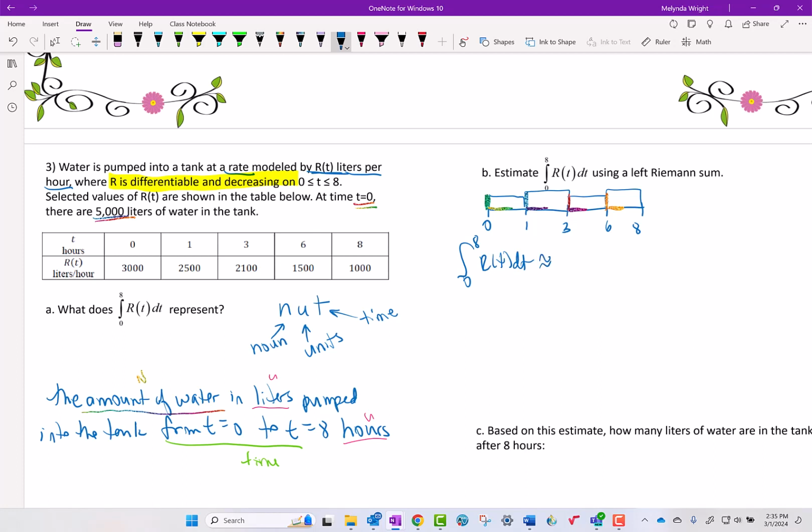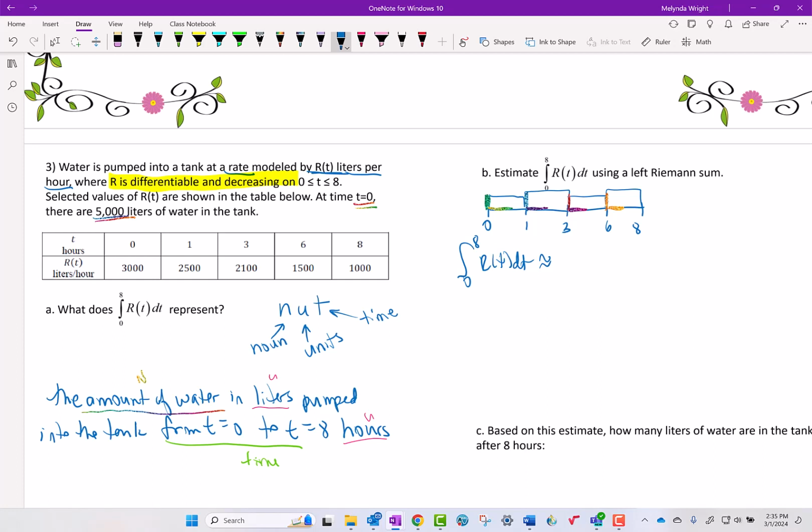If you wrote equal, it would be okay, but it really is approximately. We have to show the products and the sums. I can't do this in my head. I'm not allowed to find the area of that rectangle in my head and just write it down. I have to actually write it out.